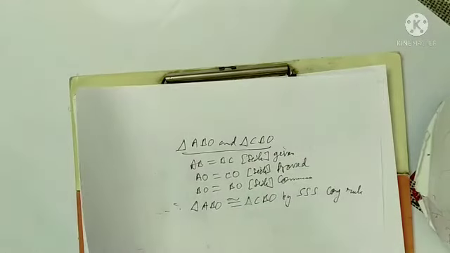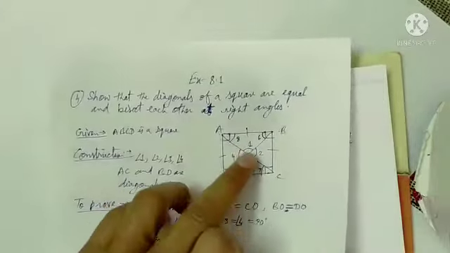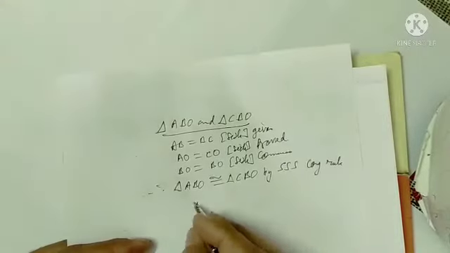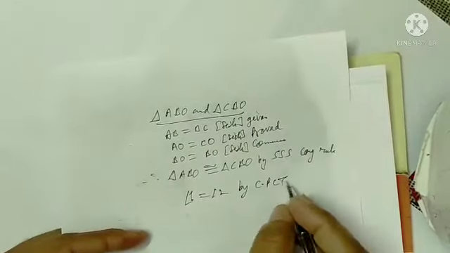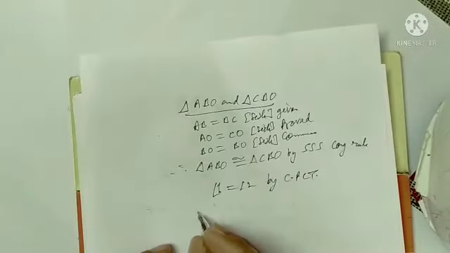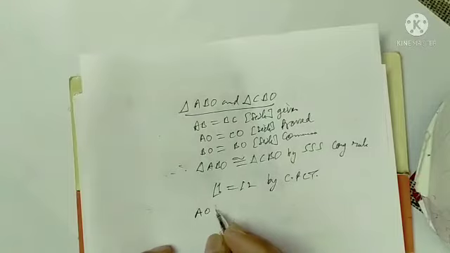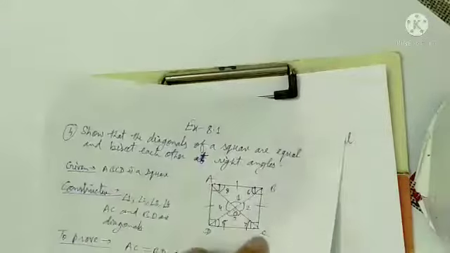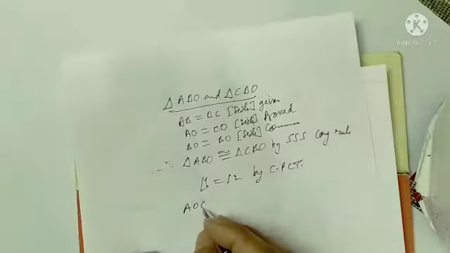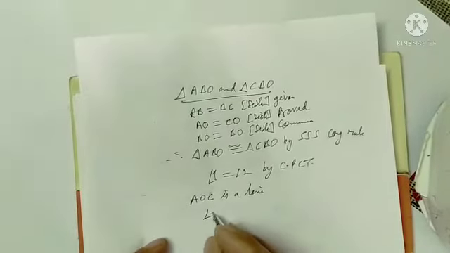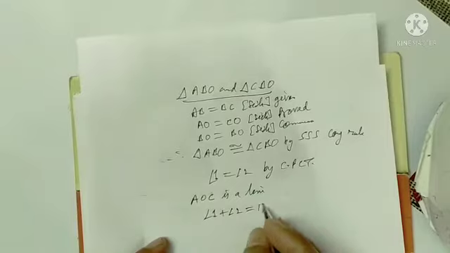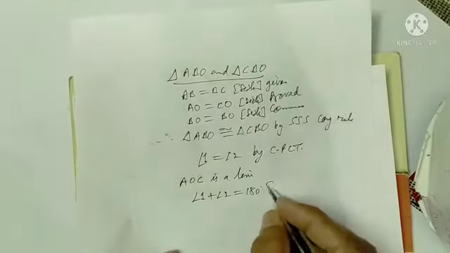If both are congruent by the SSS congruence rule, angle 1 is equal to angle 2 by CPCT. And AOC is a straight line, so angle 1 plus angle 2 is equal to 180 degrees, the reason being a straight angle.